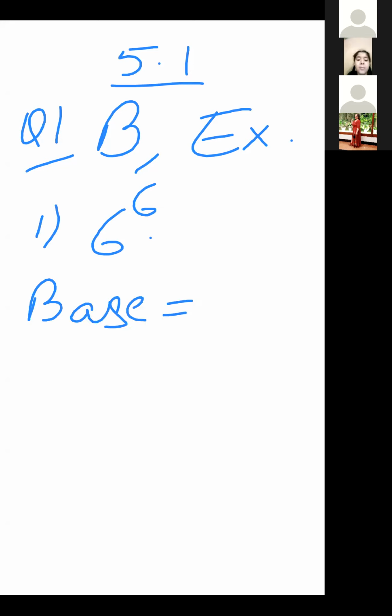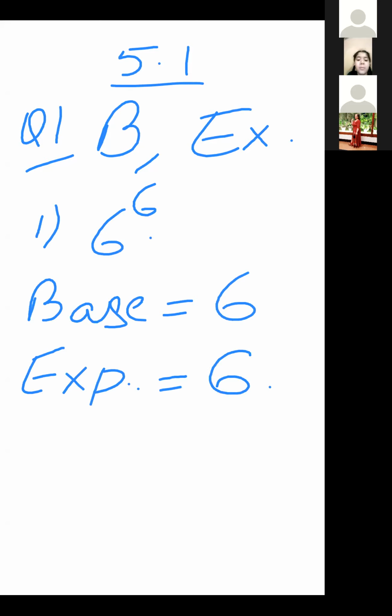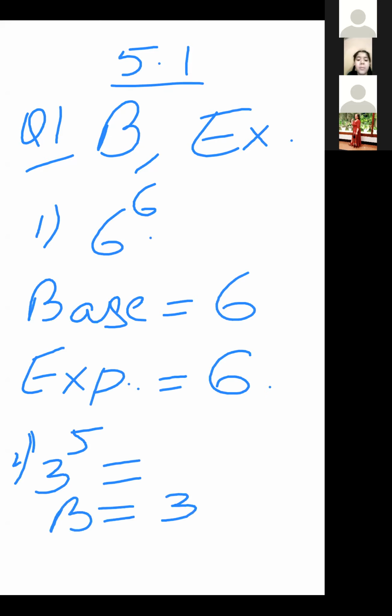Base is equal to 6 and exponent is equal to 6. Clear? Like 3 raised to power 5, second part. So you can write base is equal to 3 and exponent is equal to 5.